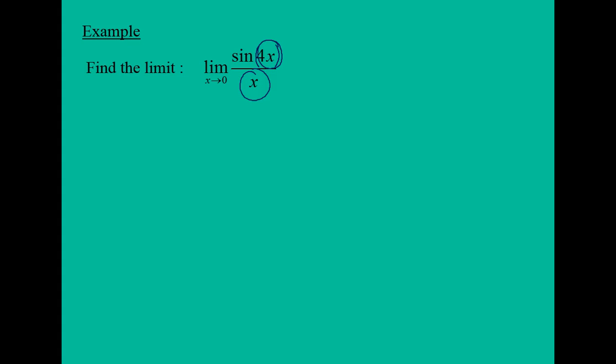So we could write an equivalent expression by multiplying by 4 divided by 4. Now I have my 4x in the denominator. And this 4 in the numerator I could bring out as a constant in front.